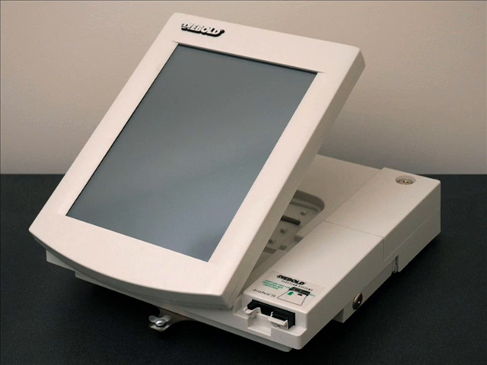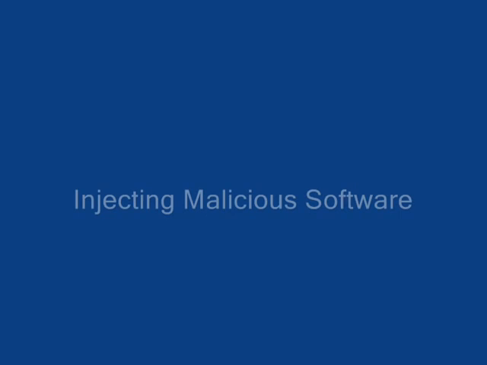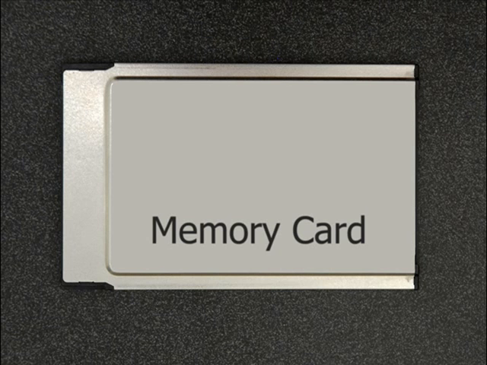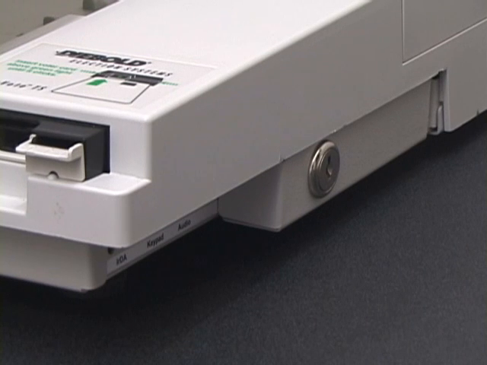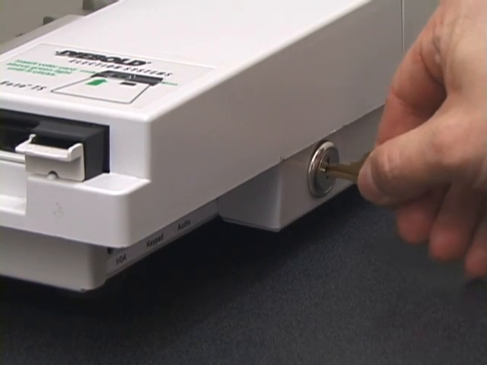This vote-stealing attack requires injecting malicious software into the voting machine. Anyone who has access to a voting machine for a few minutes can install malicious code. Here is one way to do so. In advance, we prepare a memory card containing our malicious software. When we get a few minutes alone with the machine, we first open the side door.